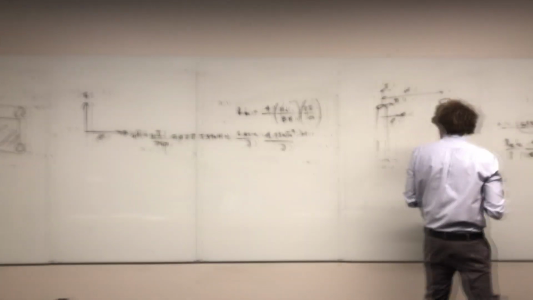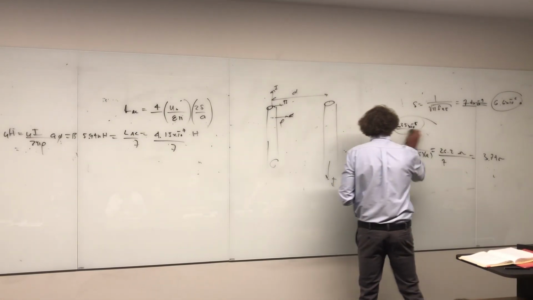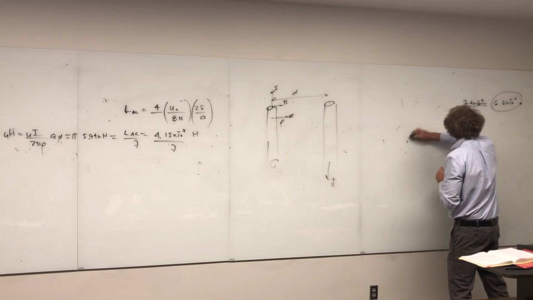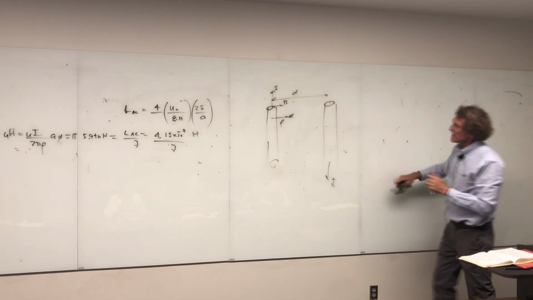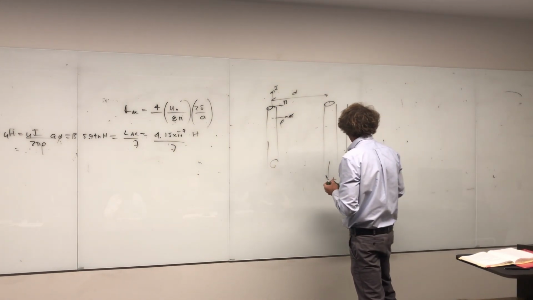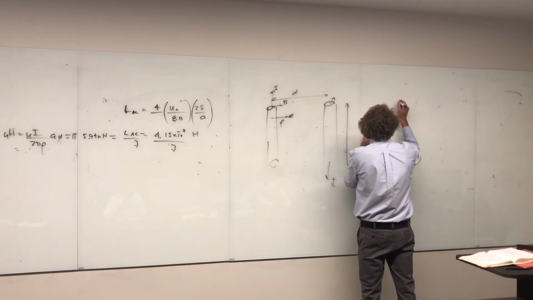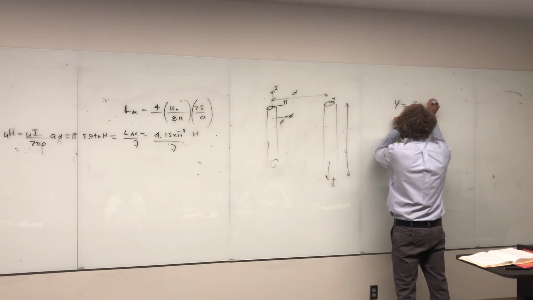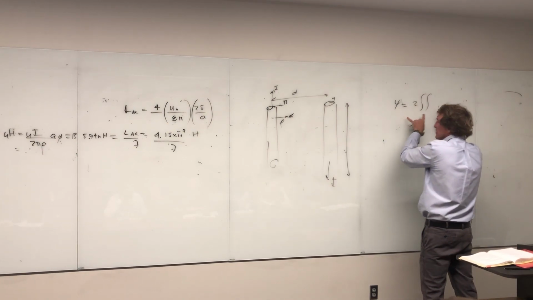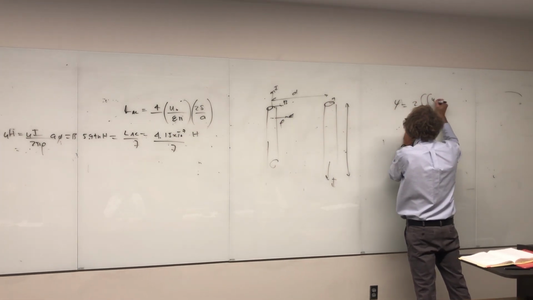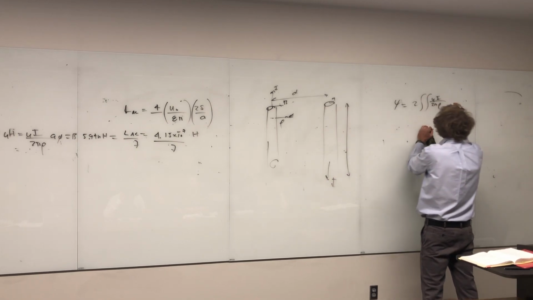So the total flux in that region, sometimes it's good to review this, we know the wire has a length L and a radius A. The total flux would be twice the integral, a double integral, of the B field from that one, which is just mu I over 2 pi rho in the A phi direction, dotted with ds.